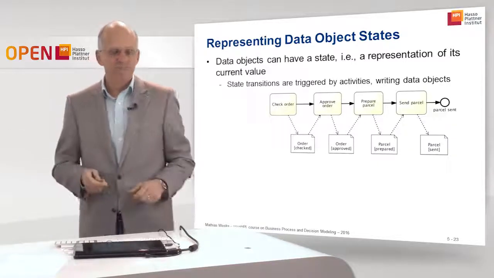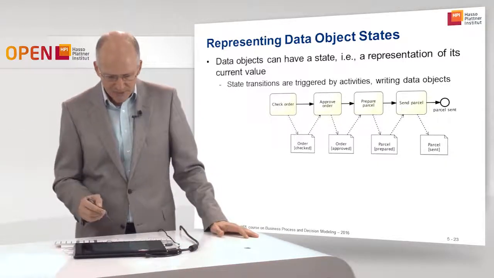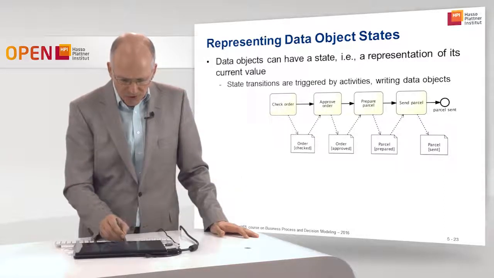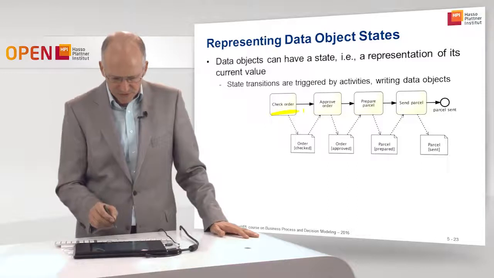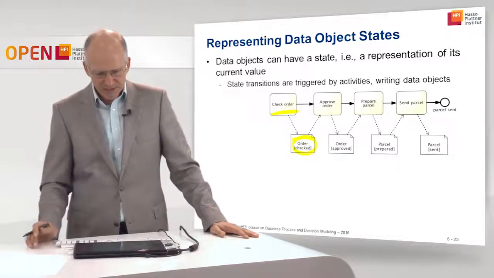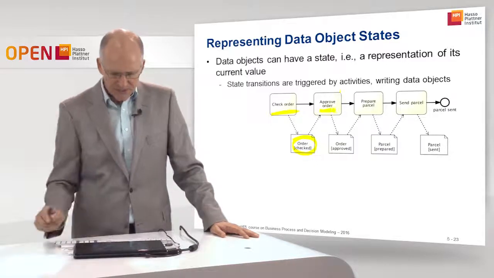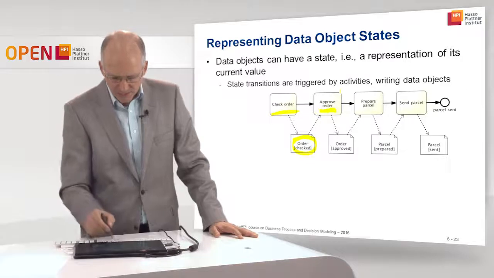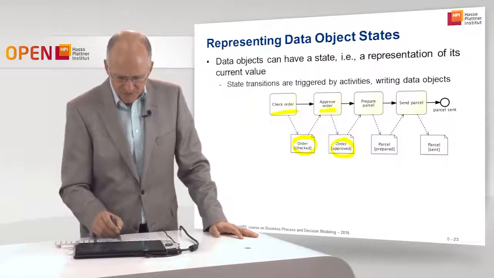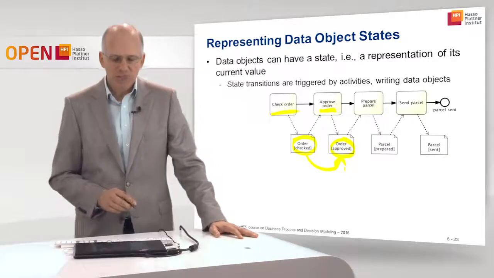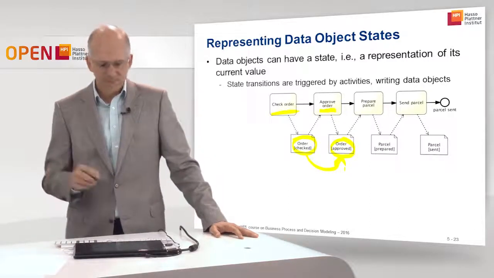We have an example here: the check order activity creates an order in the state checked. The approve order activity then reads an order in state checked and writes an order in the state approved. So effectively there is a state change of the order data object from checked to approved.